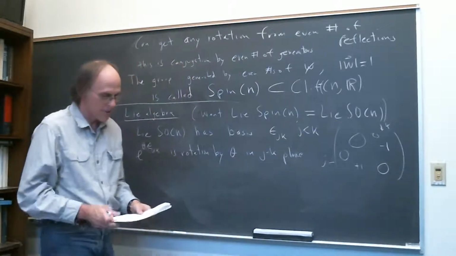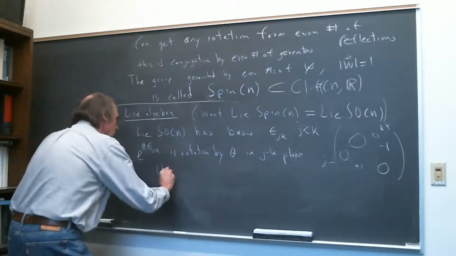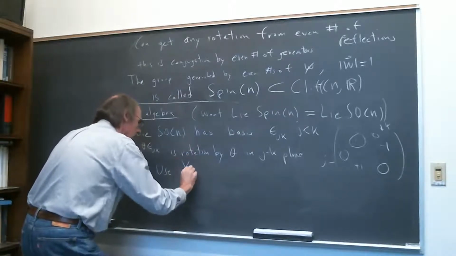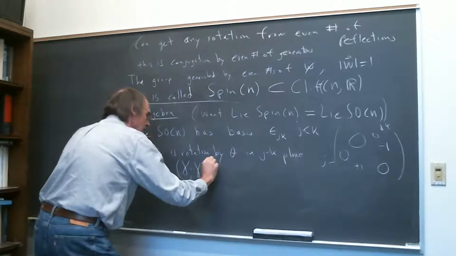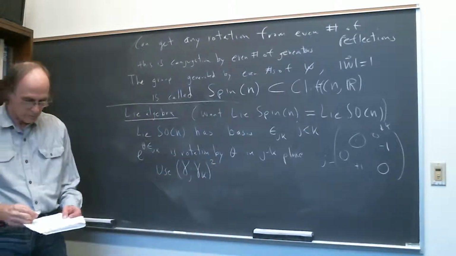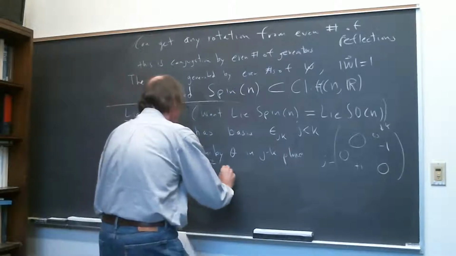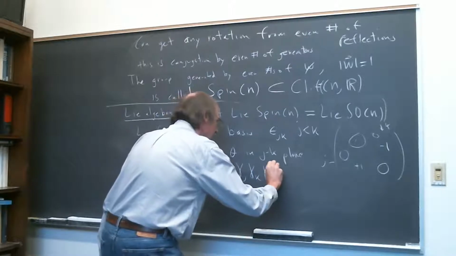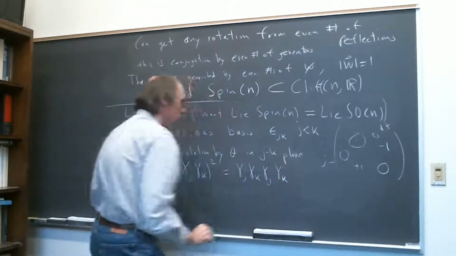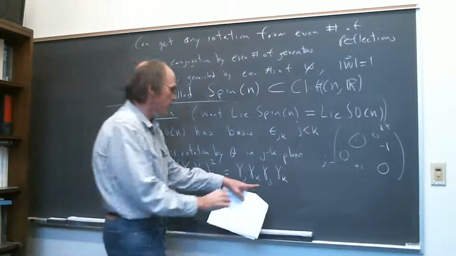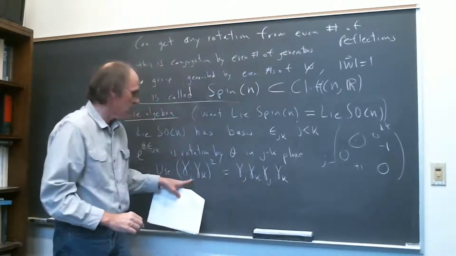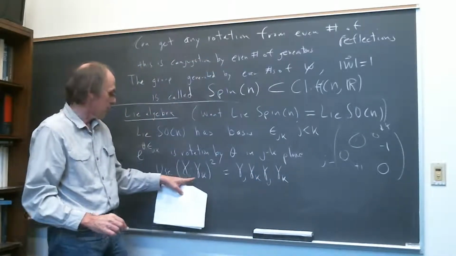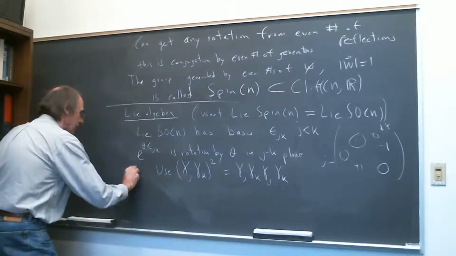So we're going to use this fact: if you take gamma_j gamma_k and square it, you get gamma_j gamma_k gamma_j gamma_k. We're going to assume that j is not equal to k.